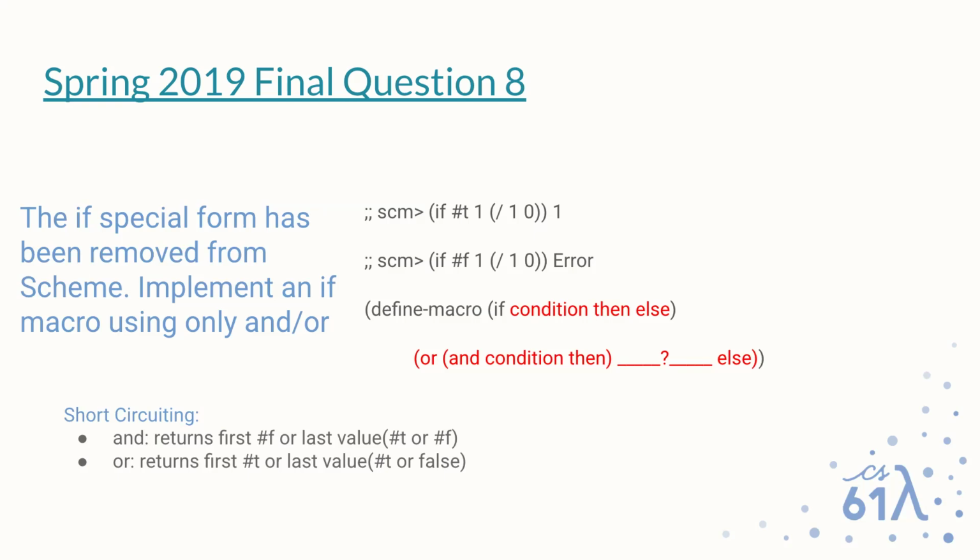How do we format the stuff that goes in this blank, the one with the question mark? Well, essentially we can just do and not condition else. So if the condition is false, it will just return the else statement.